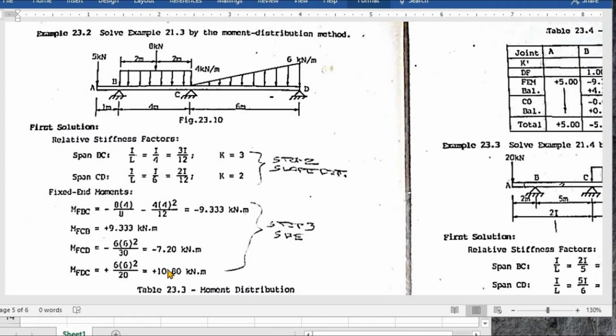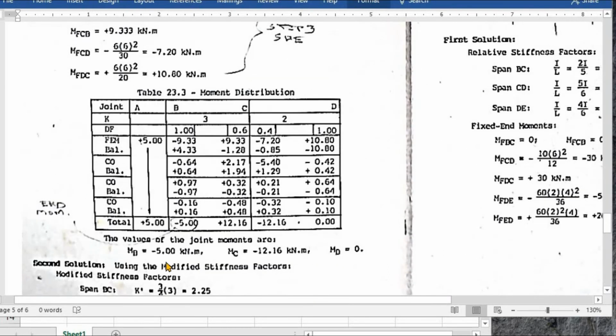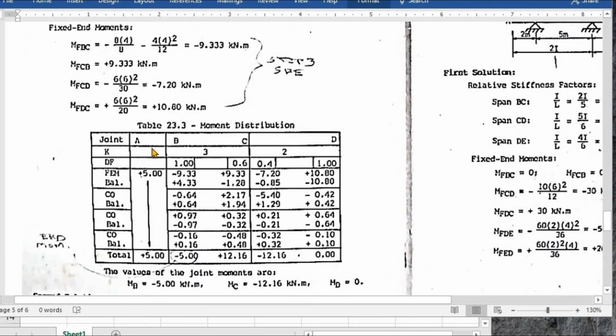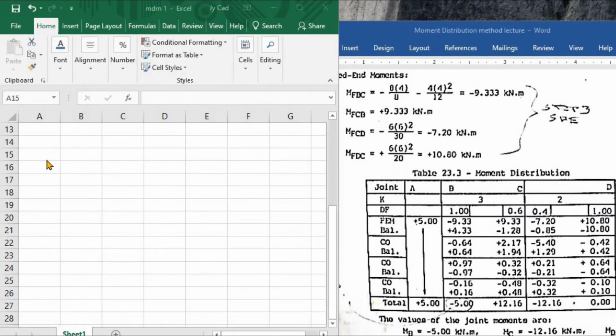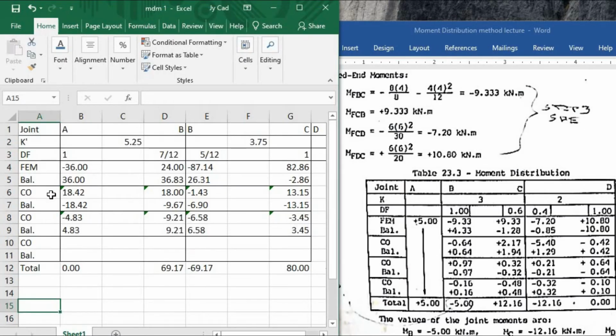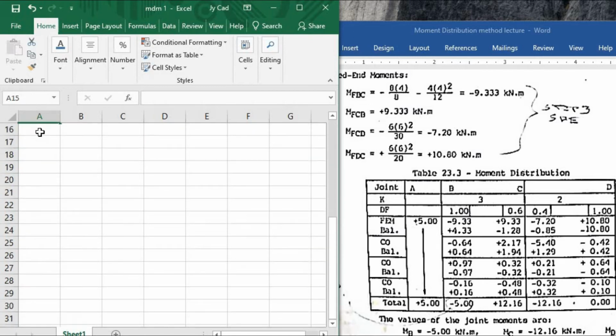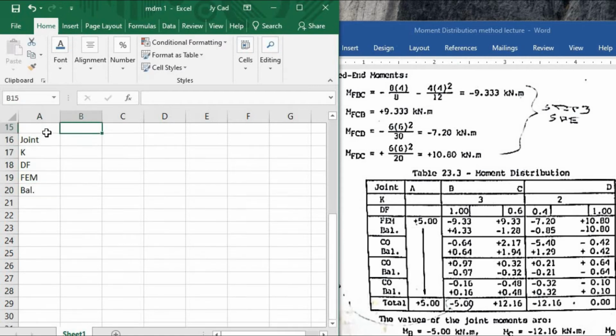Now, let us proceed to Excel. Ayan. So, dito, gagamit tayo ngayon ng 8 columns pa rin, no? 1, 2, 3, 4, 5, 6, 7, 8. So, ito yung ginawa natin kanina. Dito lang sa baba. And then, type ko yan, joint, tapos K, DF, FEM, then balance.